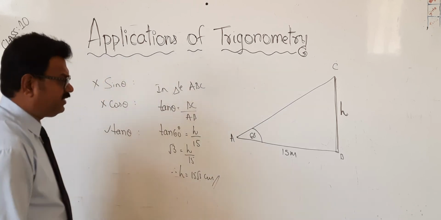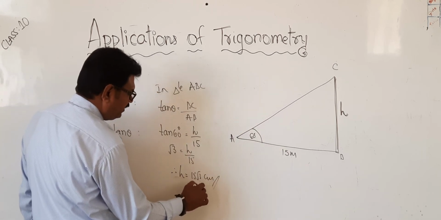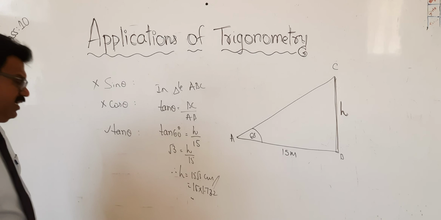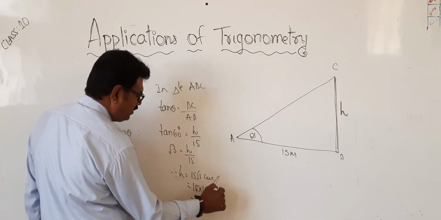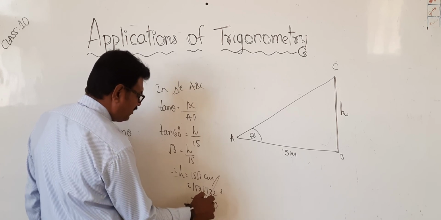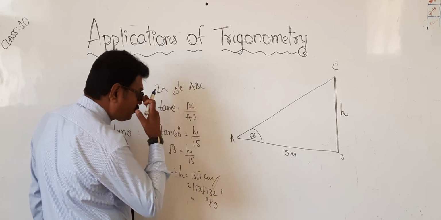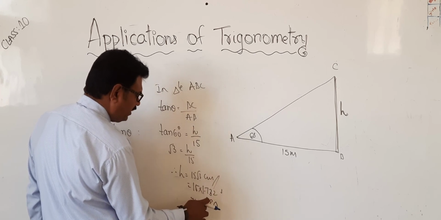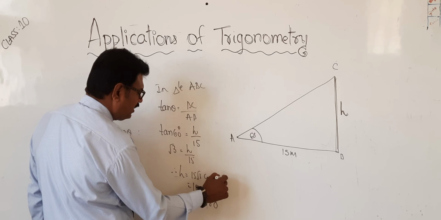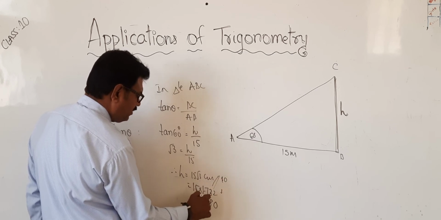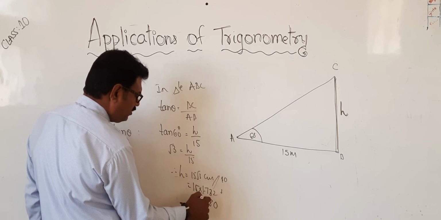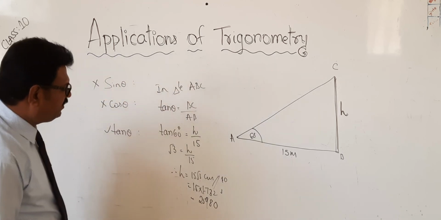That's all. Sometimes you can take 15 into 1.732, the approximate value, and calculate like that. 15 times 2 is 30, 15 times 3 is 45, and so on, which gives approximately 25.980 meters.